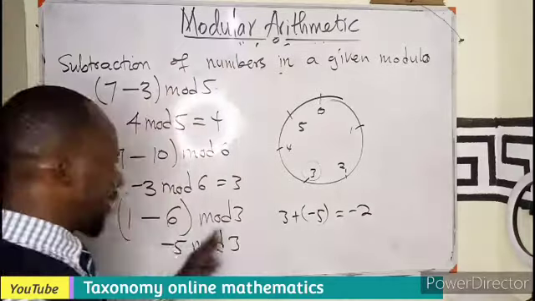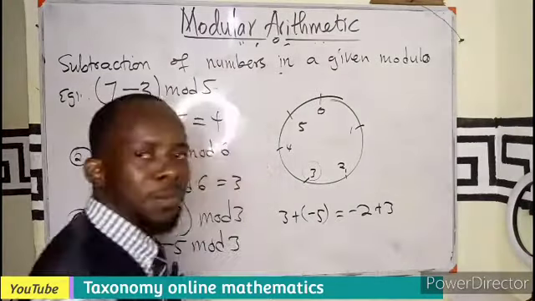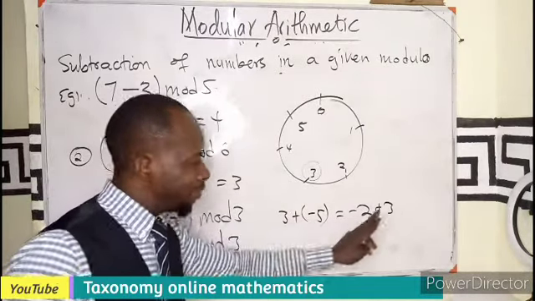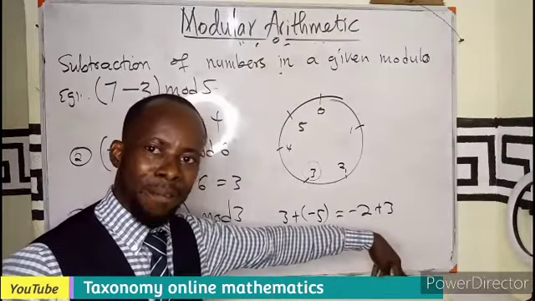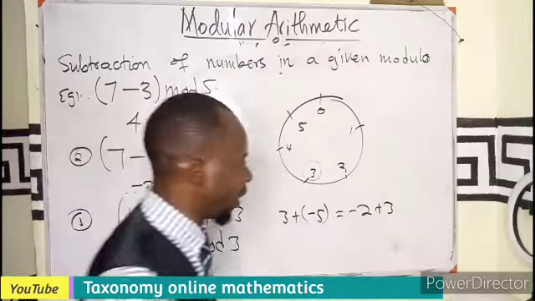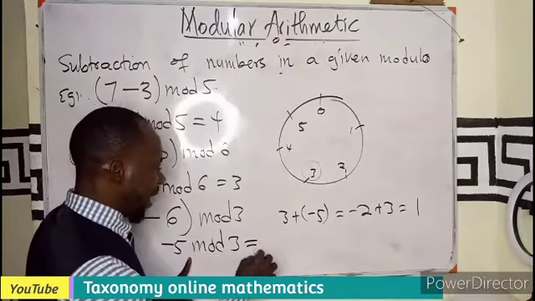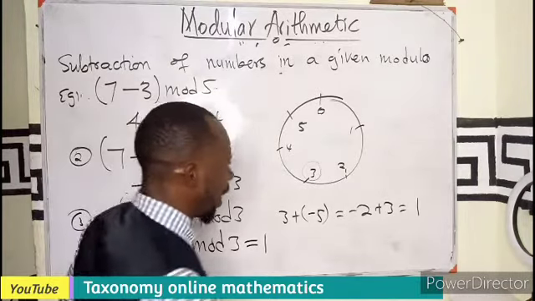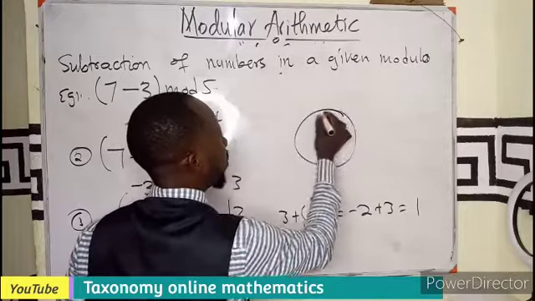Minus 2 is negative, so I add the mode again. This is the mode, added back to the number. So this is going to be minus 2 plus 3. Better still, 3 minus 2. And the answer is 1. Simply put, minus 5 mod 3 is just 1. Let's use our clock and see if we can get that.